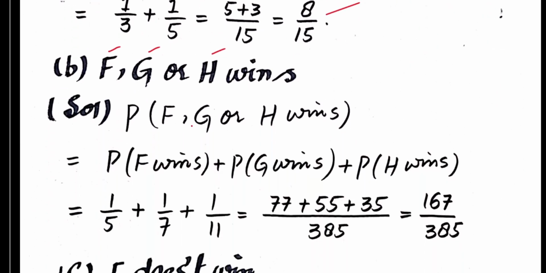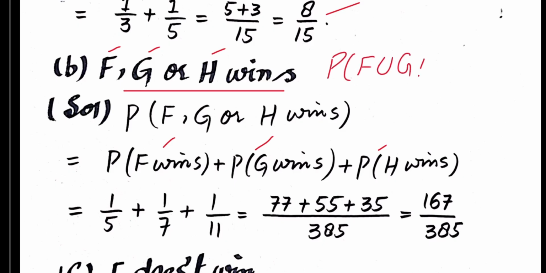Probability of F, G or H means probability of F win plus probability of G win plus probability of H win. Actually, this is the probability of F union G union H. So from this result you can see we can use the addition law of probability for more than two sets.